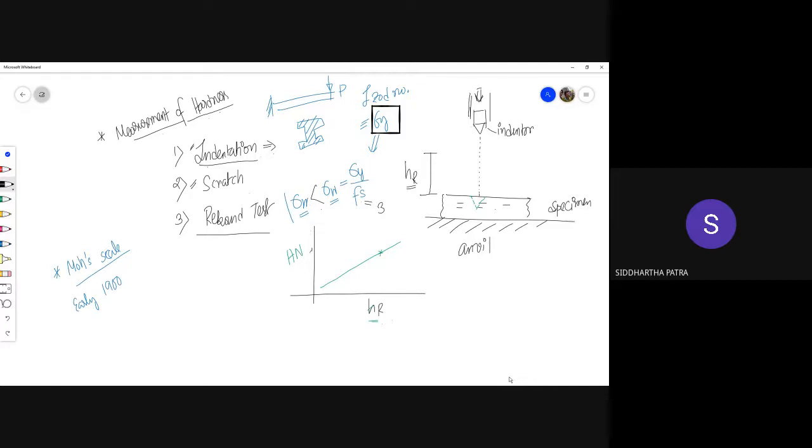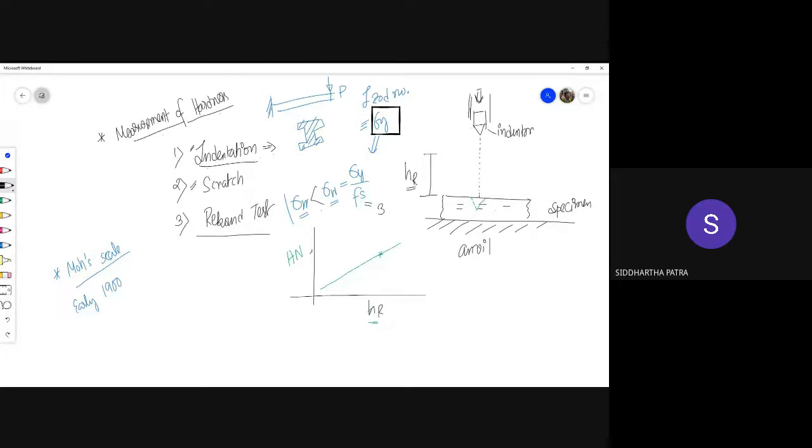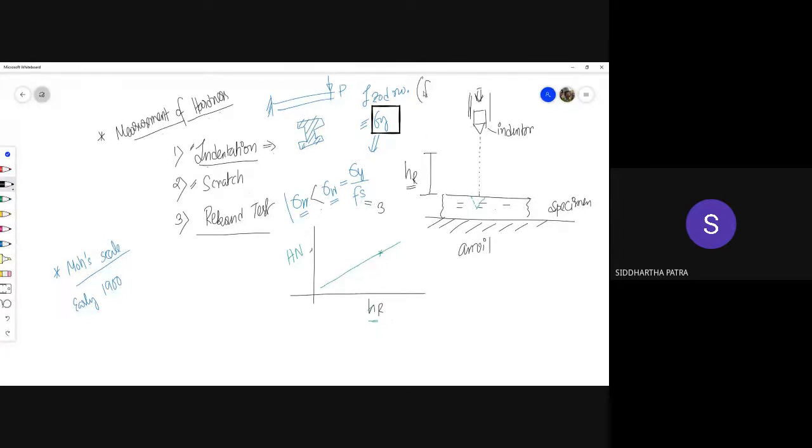Does that mean hardness doesn't have a unit? Yes, hardness has a unit. Just like Izod number had a unit, which was the unit of energy, in the British system or FPS system, foot-pound. For example, yield stress would be in megapascal.